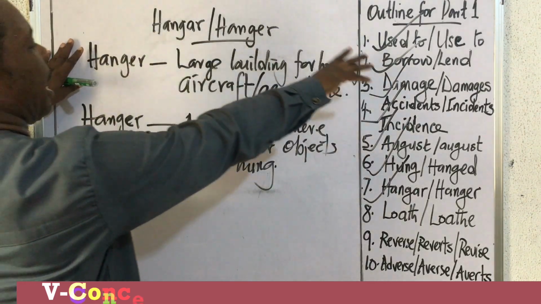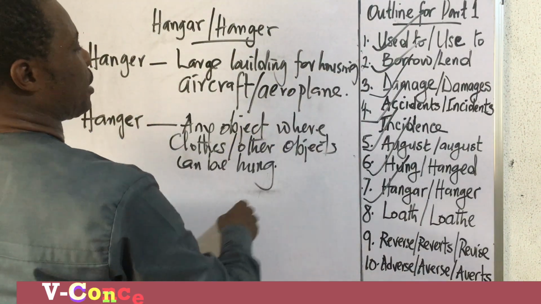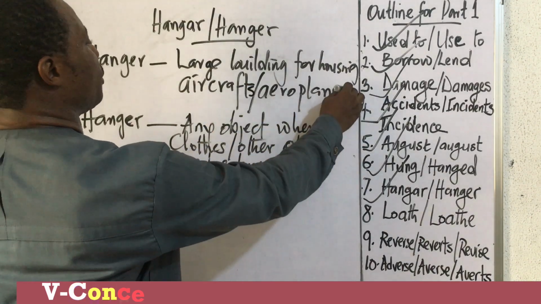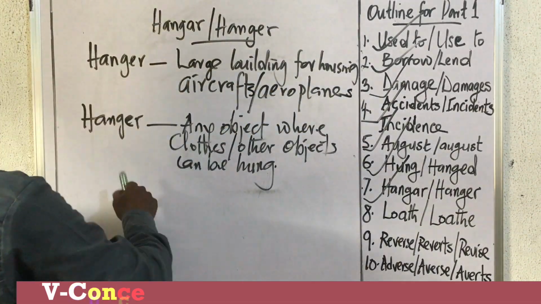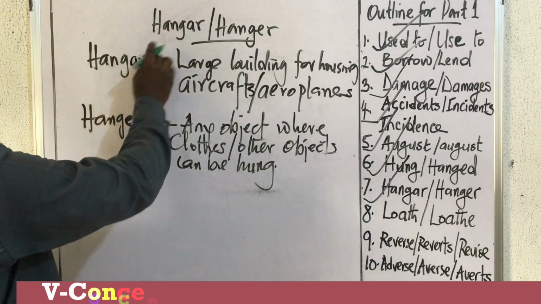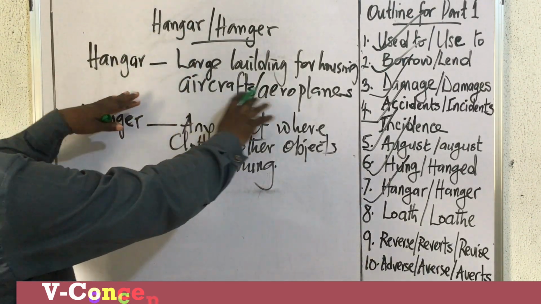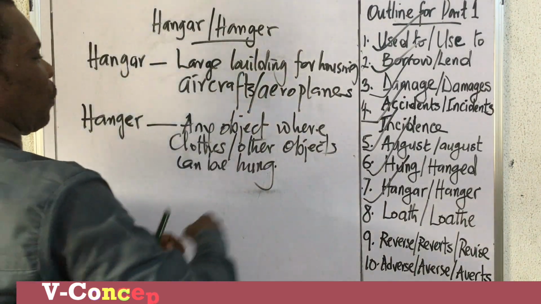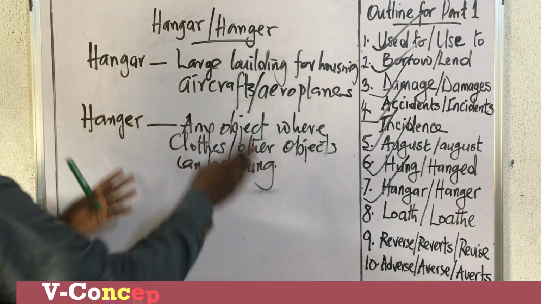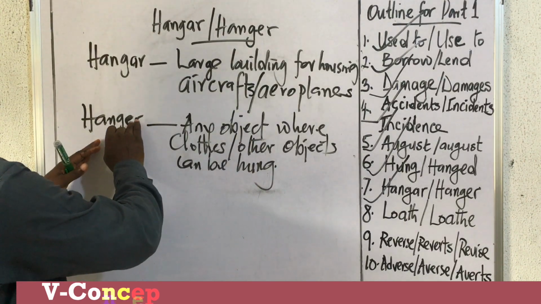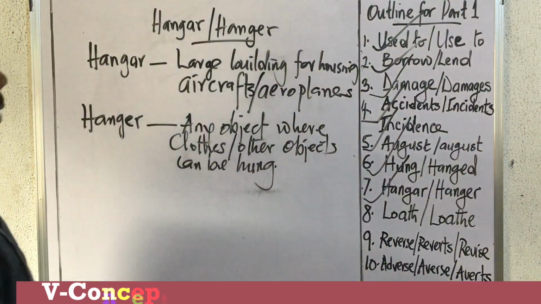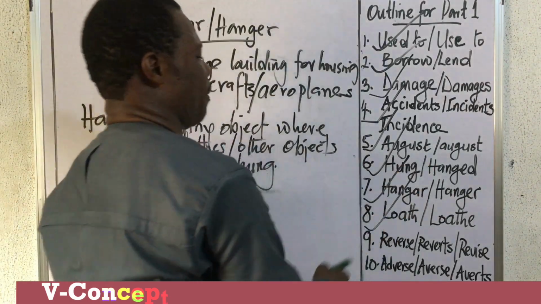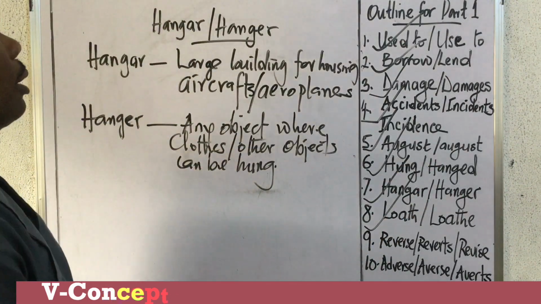Whereas a large building where aircraft or aeroplanes are parked is called a hangar, with A-R. But any object for hanging clothes or other items is a hanger with E. I think this one is a little bit simple. So let's move forward to our next pair of words, which is loath and loathe.